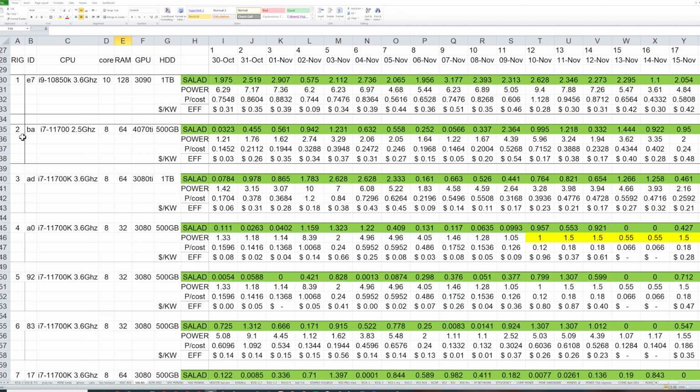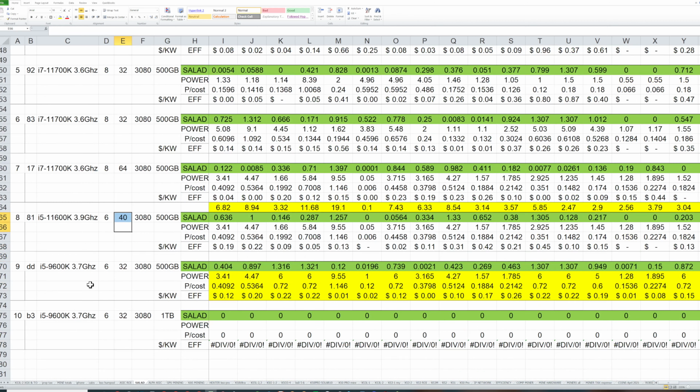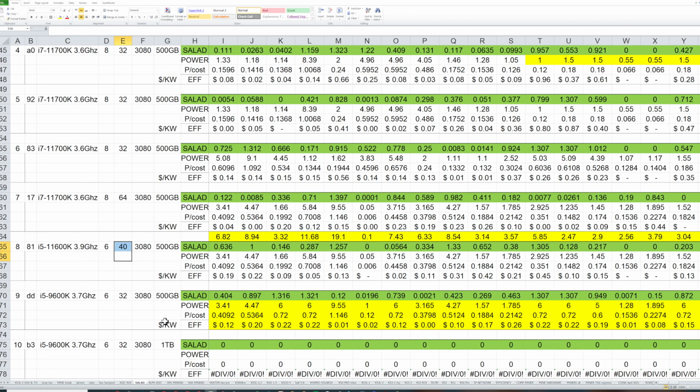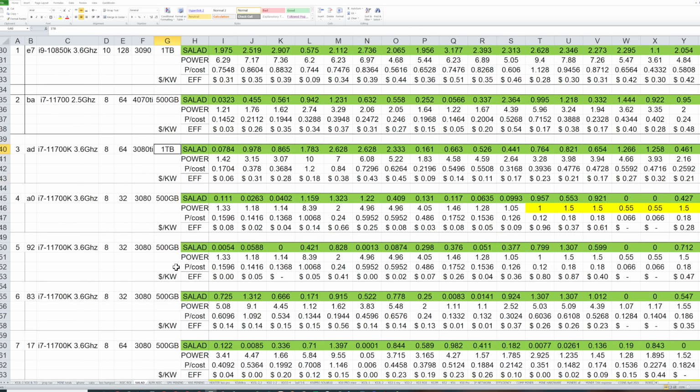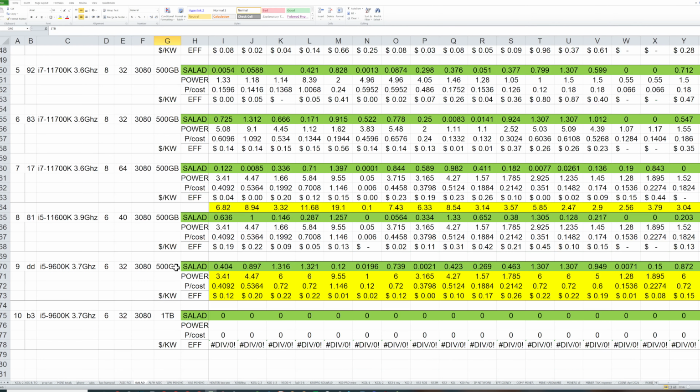So the rig number here is 1, 2, 3, 4 through 10, and then the hard drive size. I have 1 terabyte, 500 gigabyte, 1 terabyte, and then the rest 500 gigabyte, except the last one I added, where I had an extra 1 terabyte hard drive that I used.